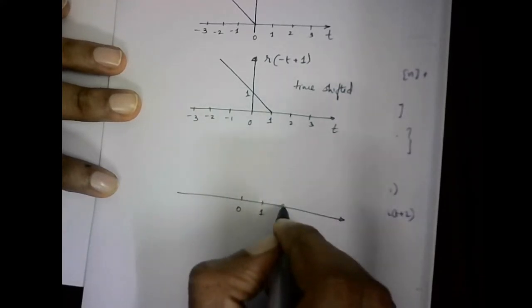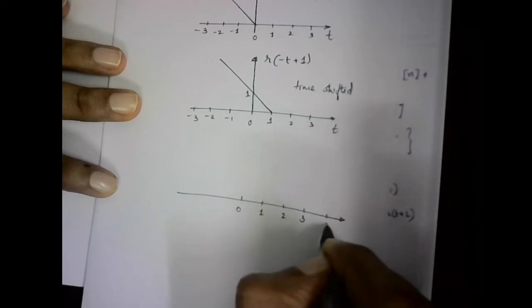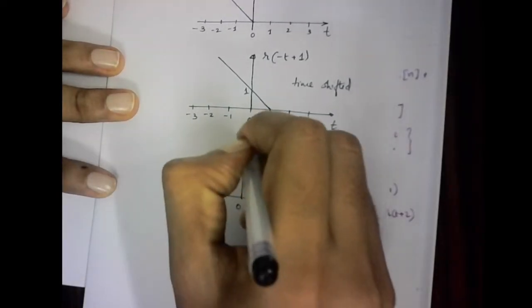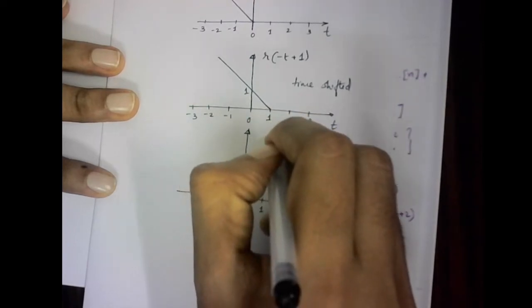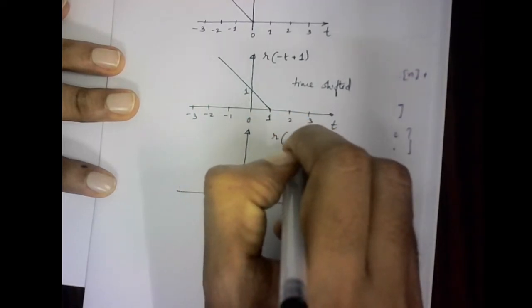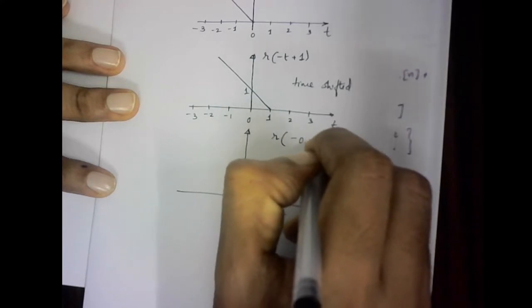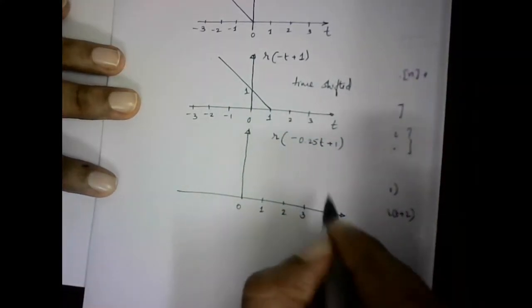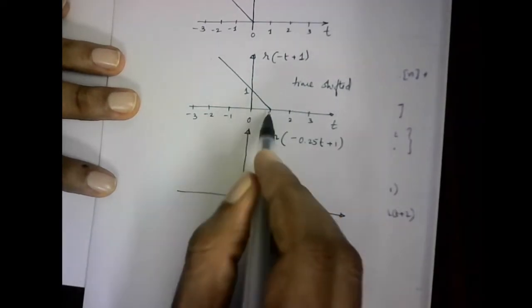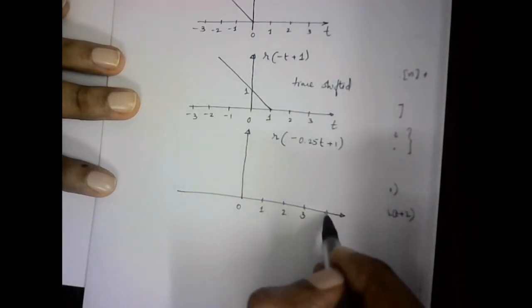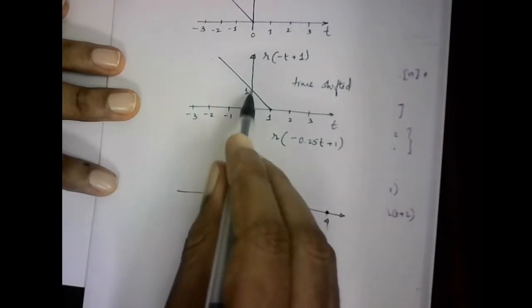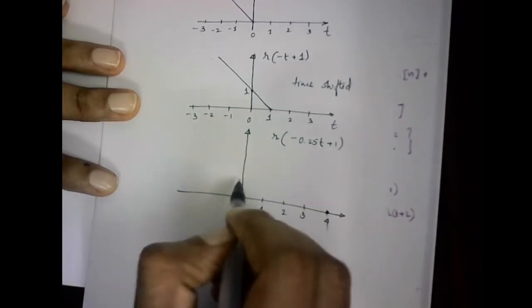Okay, so if I draw the time-expanded signal, what you will obtain is, so this is 0, this is 1, this is 2, this is 3, and this is 4, and this is the y-axis. So what I am now drawing is r of minus 0.25 t plus 1. At t equal to 4, corresponding to t equal to 1, it is 0, and this point corresponds to t equal to 0.